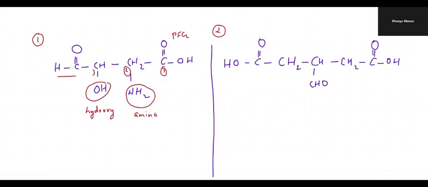Now, this aldehyde contains a carbon atom. So we may or may not number it. For aldehydes I'm talking. So if I number it, it is given the prefix oxo.